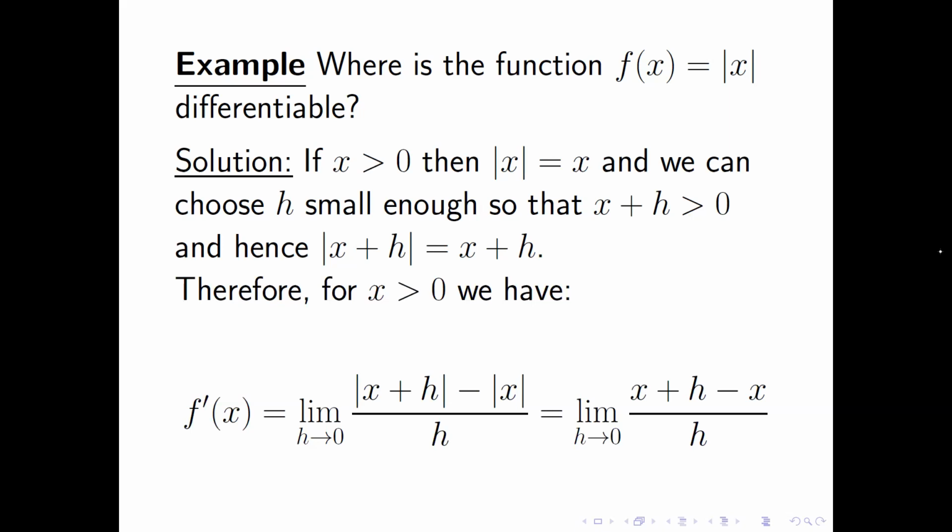Then by using the definition, we know that f prime of x is equal to the limit of f of x plus h minus f of x over h. So where there is f of x plus h, we are just going to replace our x with x plus h, minus our f of x, which is the absolute value of x, over h.